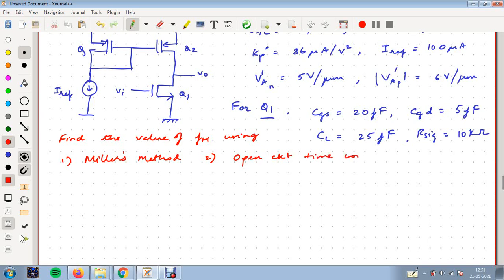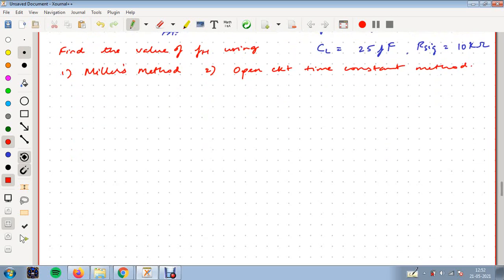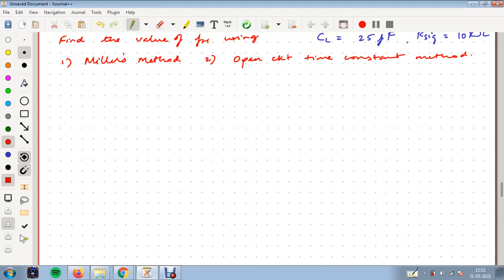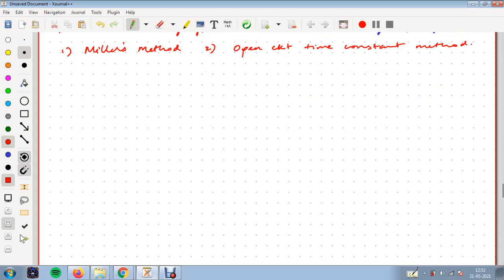Why it is done like this is just to know the difference, which method provides a better answer, right? So, solution.